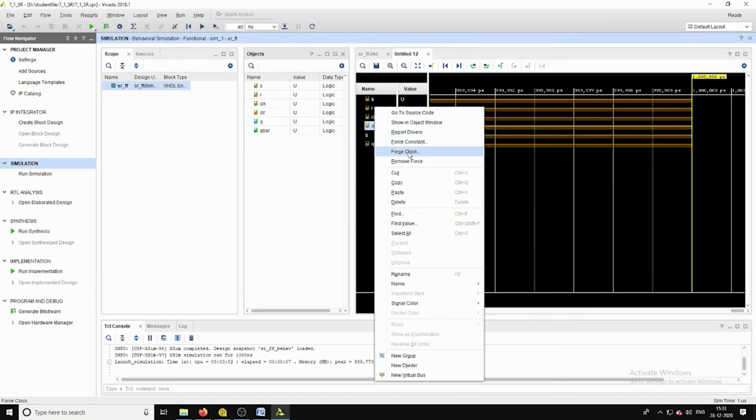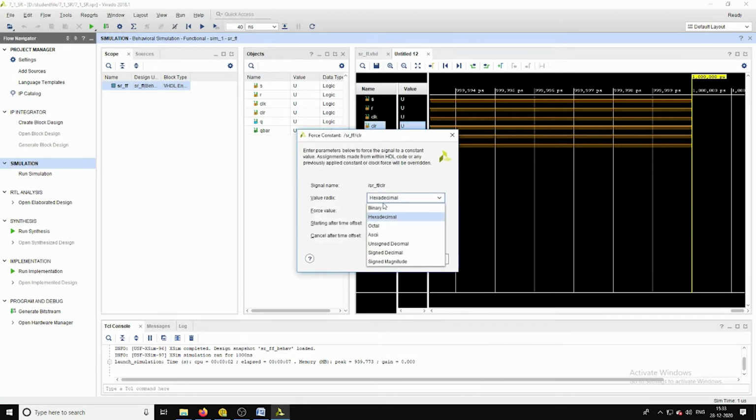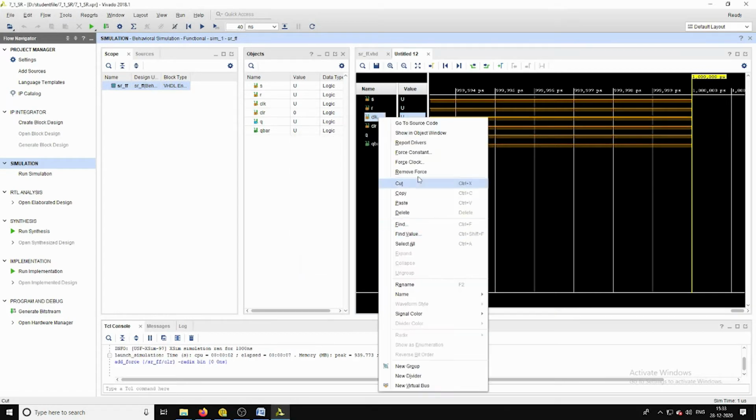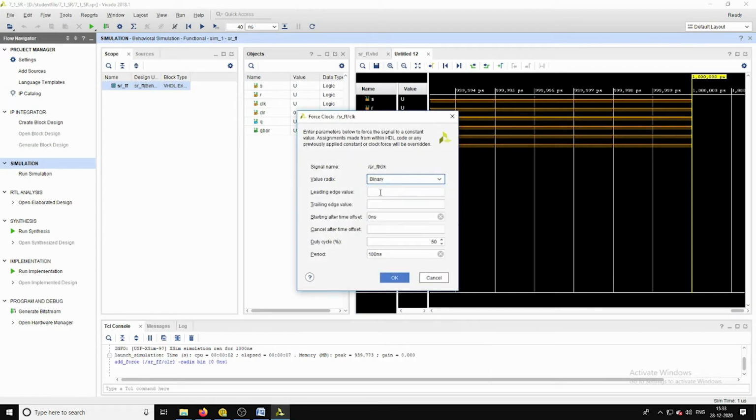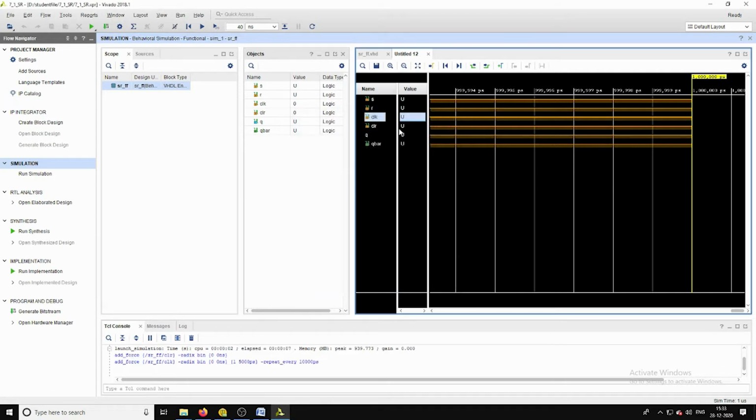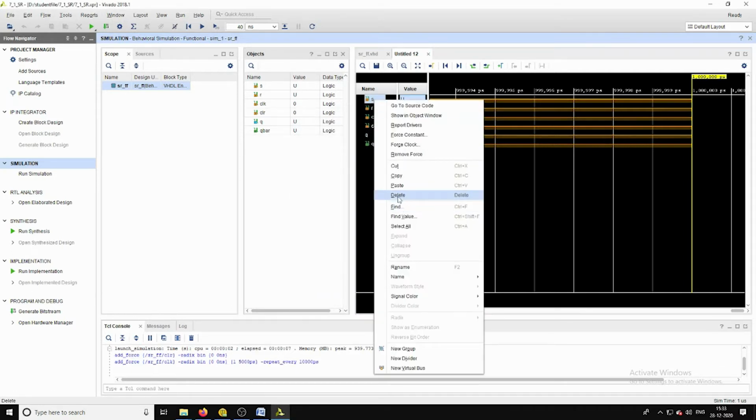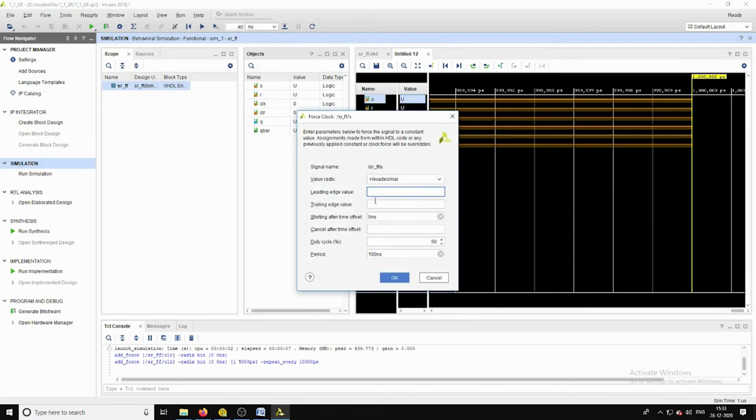Here I am assigning the clear signal as 0 and clock with certain time, 10 nanoseconds, and inside I am considering the S and R inputs, same 0 and 1 trailing edges.